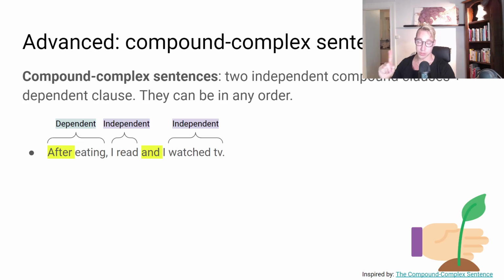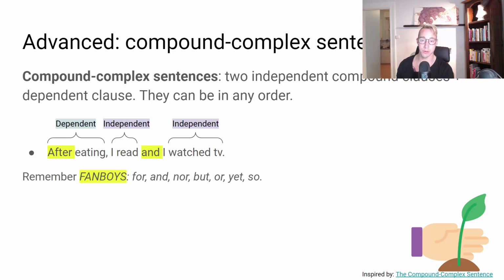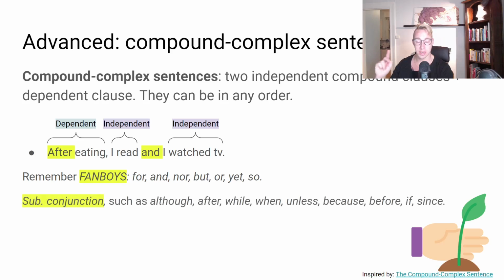We know that because we're using the subordinating conjunction "after." And then we have two independent clauses, "I read" and "I watched TV," that we combine and connect using one of the fanboys. In this case, it's the fanboy "and." So please remember, use fanboys and subordinating conjunctions.